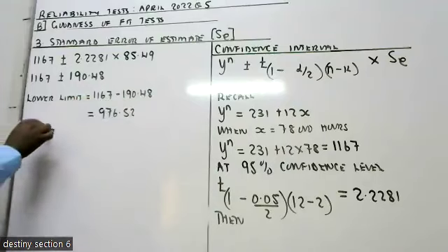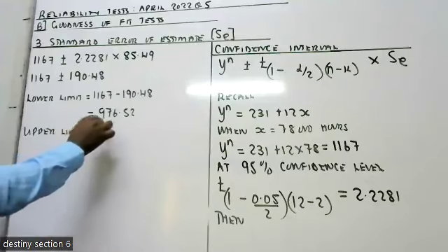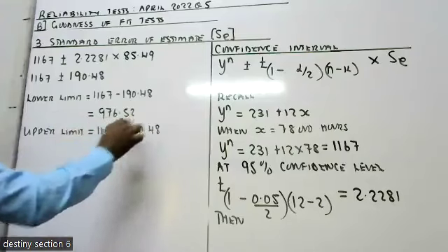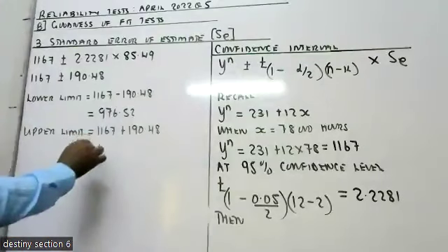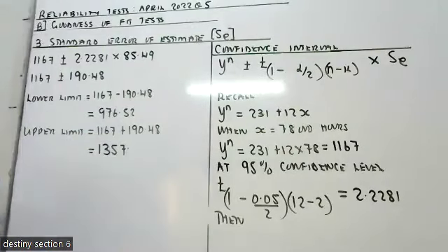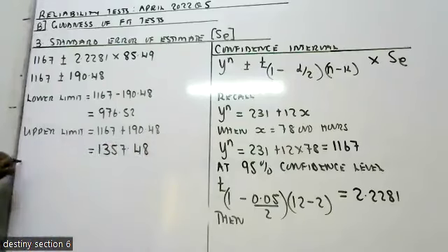And then the upper limit will be 1167 plus 190.48, getting 1357.48.